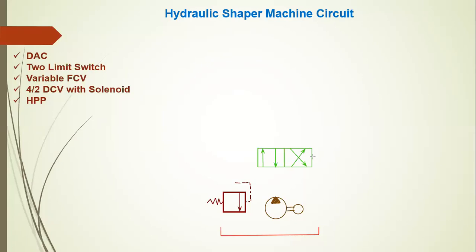Here I give this direction control valve operated by solenoid. This is the symbol for a direction control valve operated by solenoid.